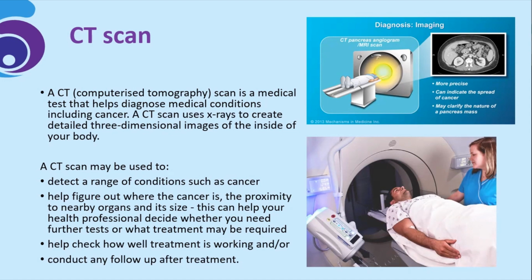So a CT scan, as I said, uses X-rays to create that detailed three-dimensional image from inside your body. It can help figure out where exactly cancer is. If you've been diagnosed with a mass of some description, it can give the radiographer an idea of the type of mass that is. So masses will look different.